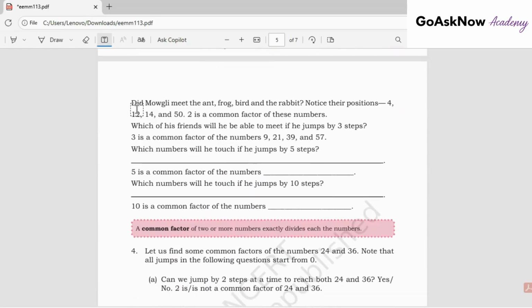Next, did Mowgli meet the ant, frog, bird? Notice their positions: 4, 12, 14, 15. 2 is the common factor of these numbers.